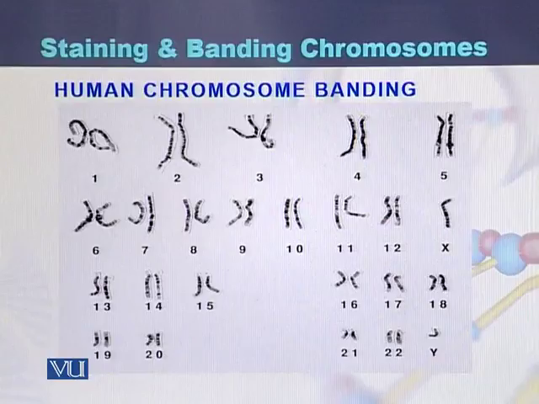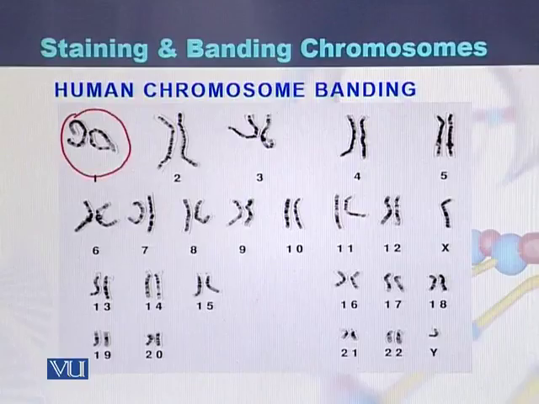We can see that all the homologous chromosomes which are present in a diploid cell have been arranged. This is the pair of chromosome 1, then chromosome 2 and so on.